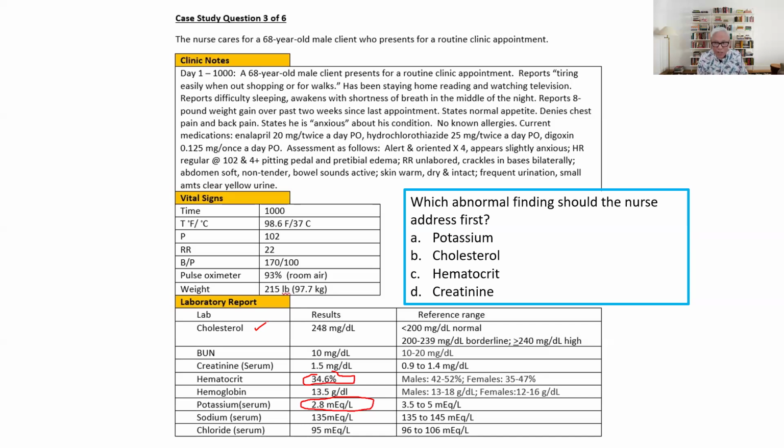It's dangerously low, and the patient is also on digitalis, which means the patient can be more at risk for the development of digitalis toxicity. So this is going to be the best answer.